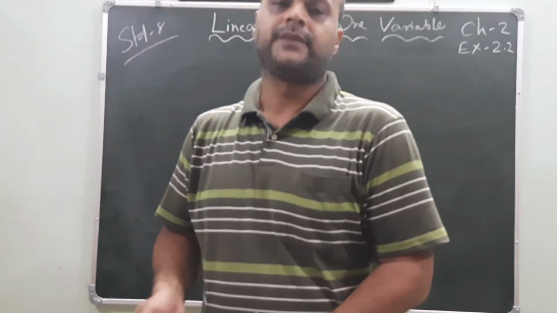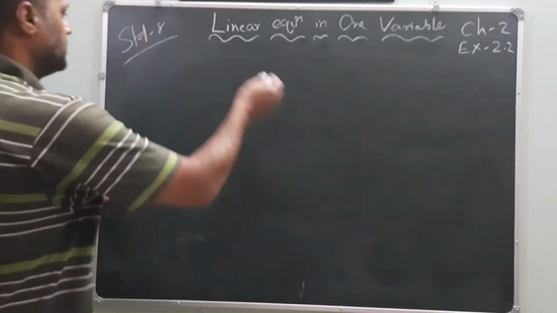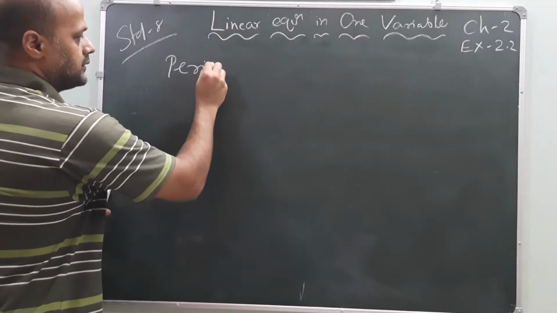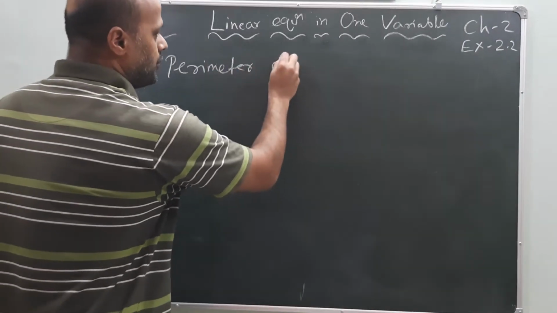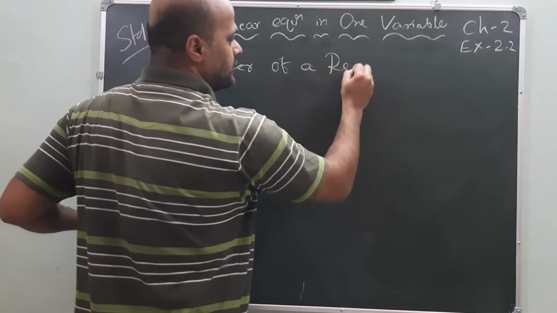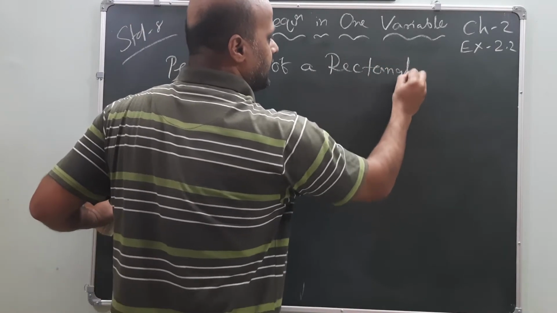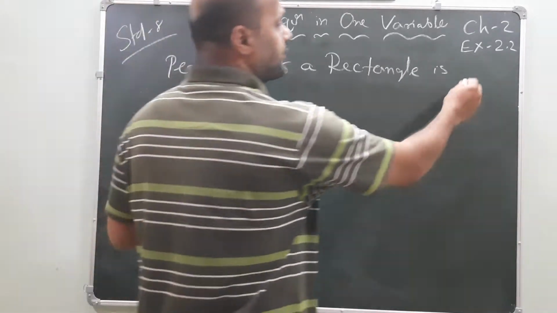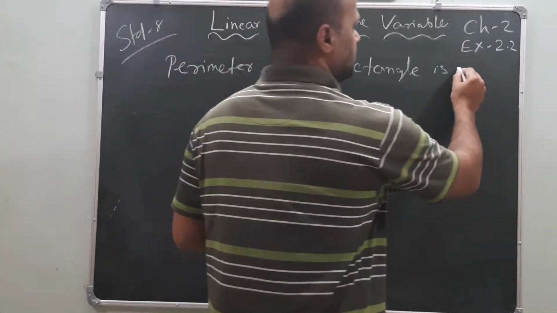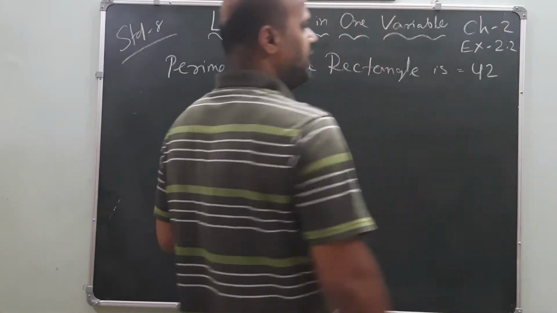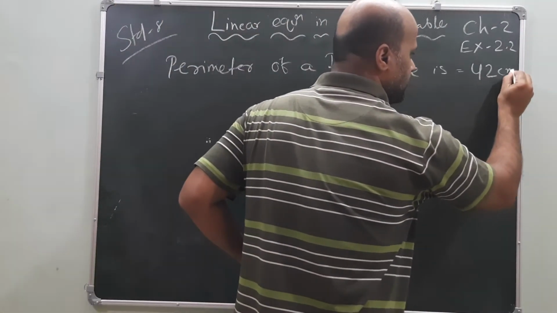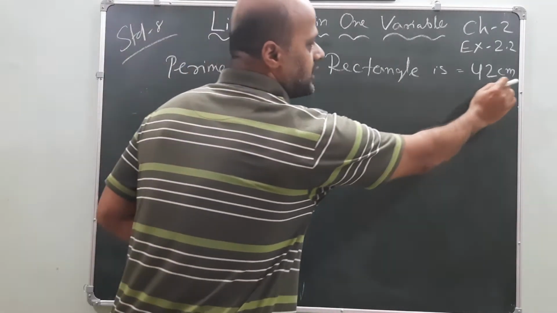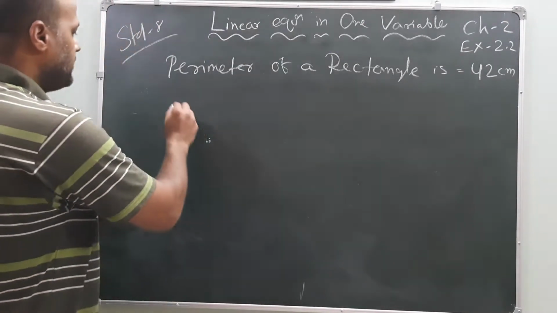Now, my dear friends, it is saying that the perimeter of a rectangle is, okay, how much we can take it? 42 centimeter, meter, whatever you can take it. Perimeter of a rectangle is 42 cm.